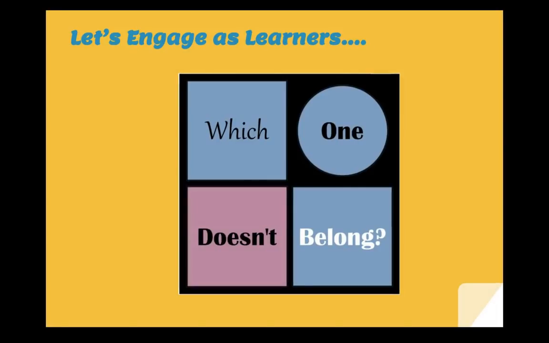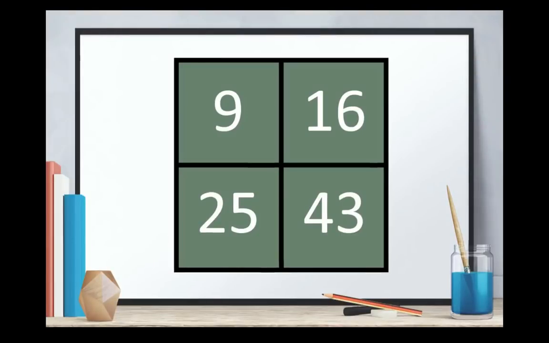Let's engage as learners, all right? I'm hoping that you're sitting in a small group of your peers, your colleagues, and I'm going to ask you to throw your fist up, and you are going to see your first Which One Doesn't Belong. Perhaps maybe you've already seen these. Put your fist up, and decide which one doesn't belong.